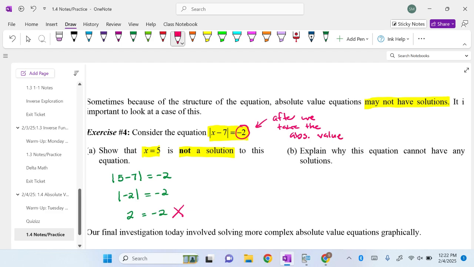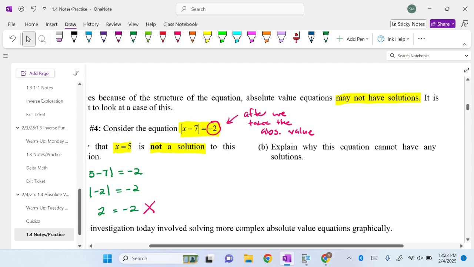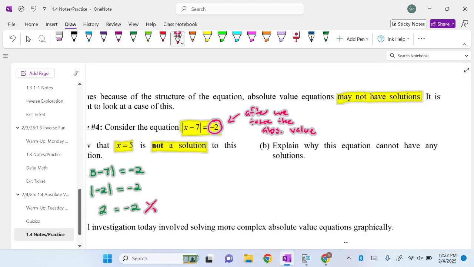So we would be saying the absolute value of -2 is -2, which is not true. So if your absolute value symbol is isolated and it's still equal to a negative number, your answer is automatically no solution. All right, so for this one, this equation has no solution.